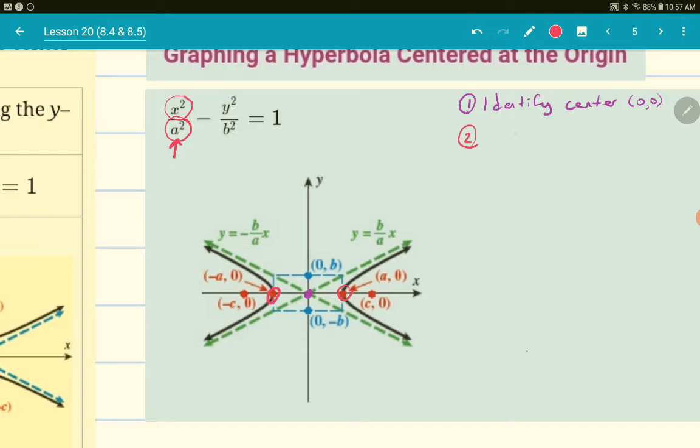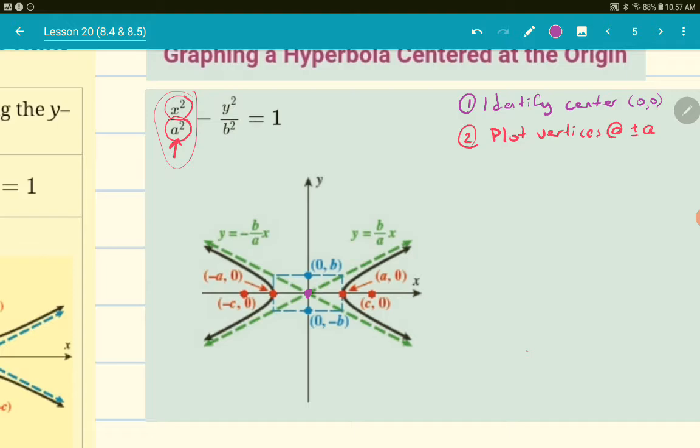So the second thing I do is plot the vertices at plus and minus a, in the direction of that first term. In this case, that's the x term. So I plot my center.